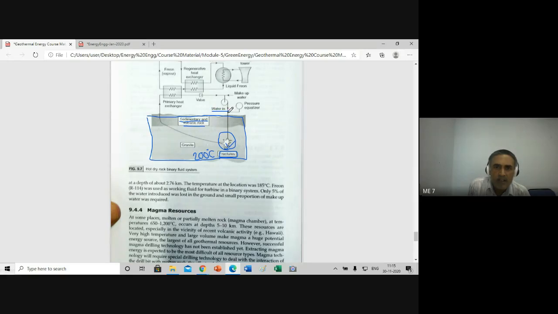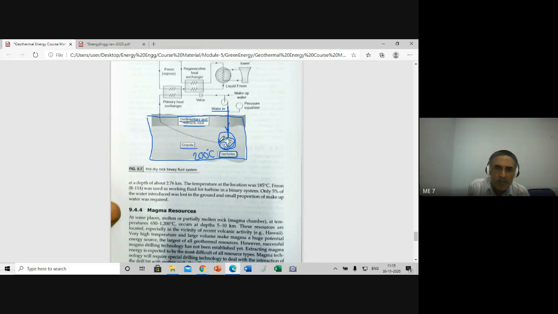Water is introduced here, and here water is stored in the cavity. So this water absorbs heat and is converted into steam. This is granite.